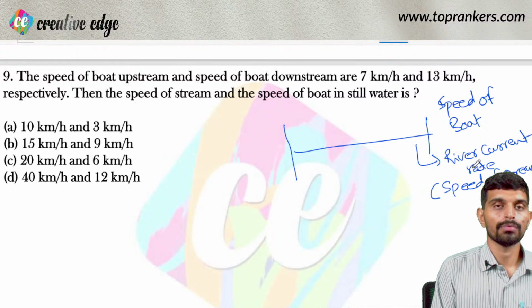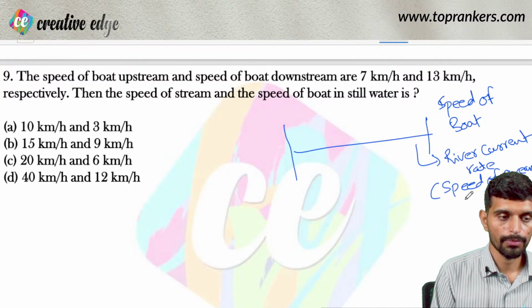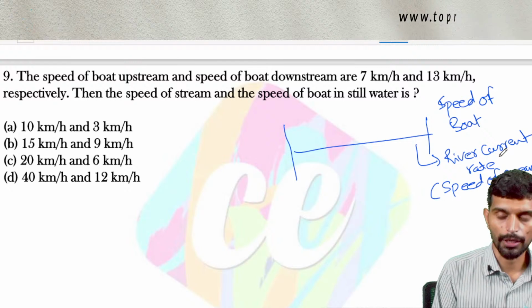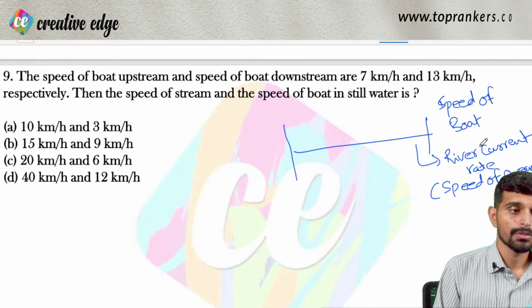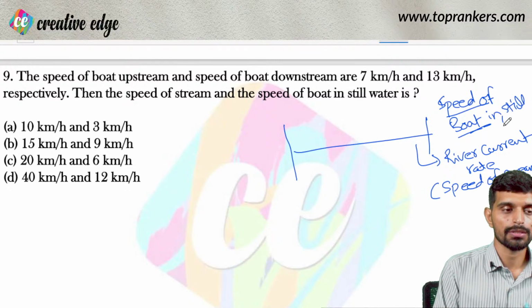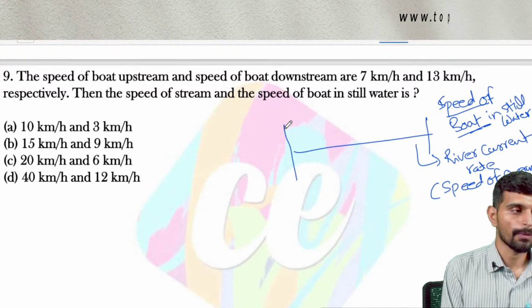Whenever there is flowing water, it must have some speed, right? So that is speed of stream or river current rate. All right. And if speed of boat is mentioned, it must be in still water. In still water, that is calm water, the water that is not moving, right?